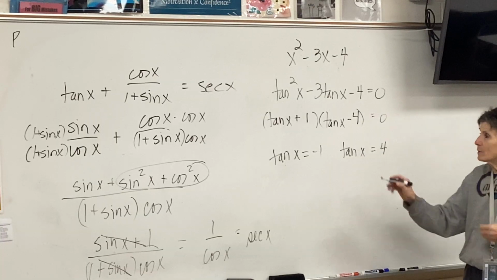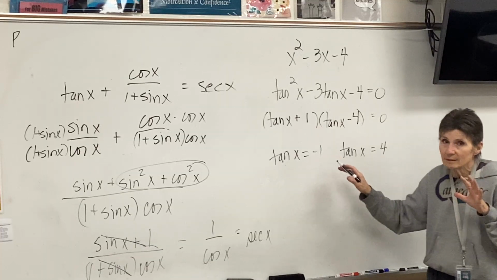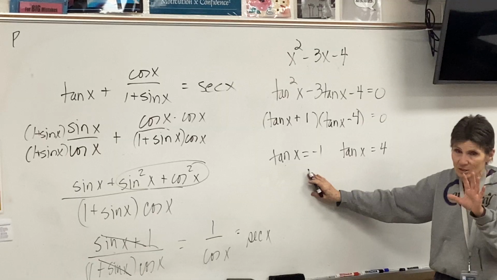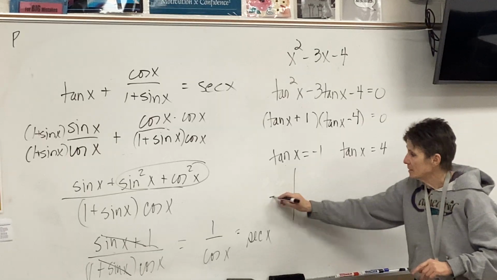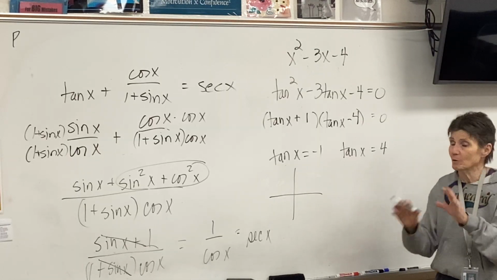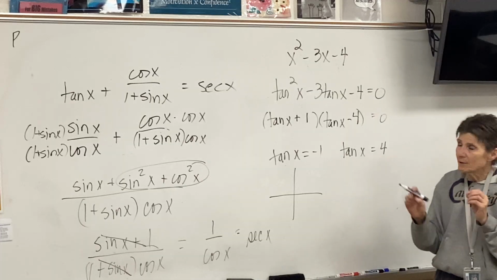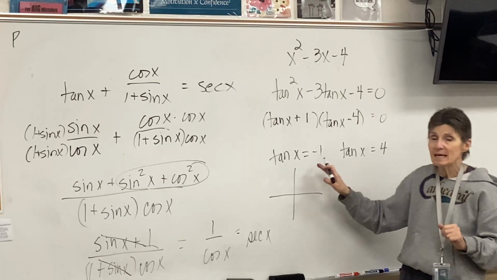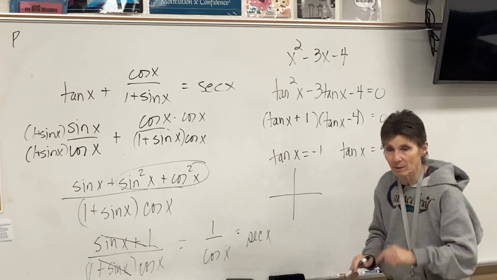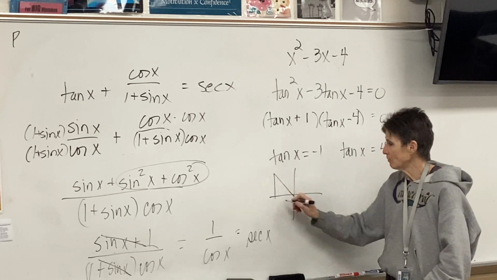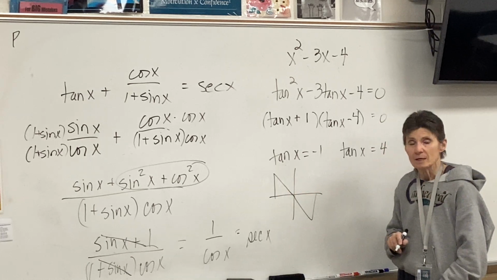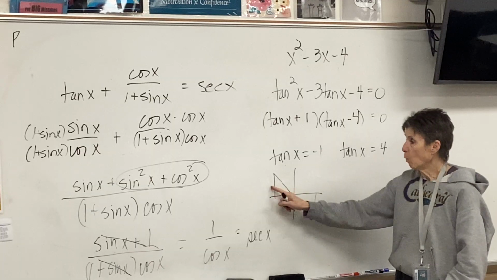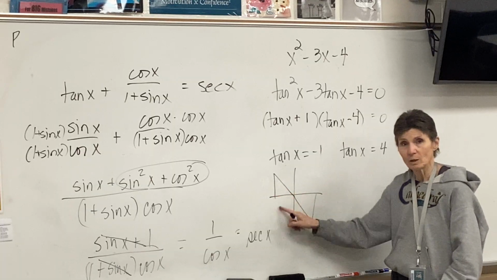This one we don't actually need a calculator for. I want you to think about this for a minute. You have a calculator for the problem, so feel free, you can do it. But this could come in a no calculator problem. If the tangent is a negative number, we have to be over here or down here. Because if the tangent is negative, one of these sides is positive and one is negative.